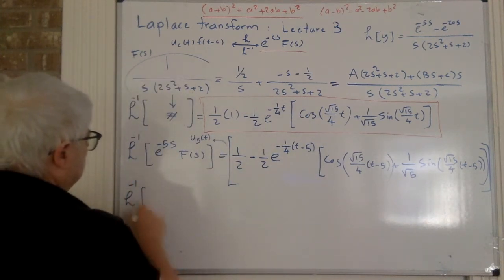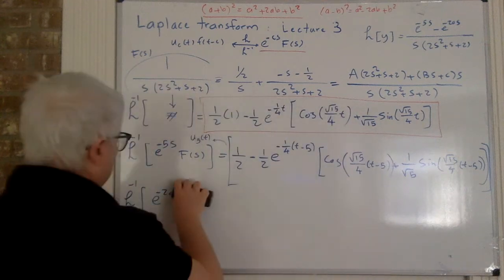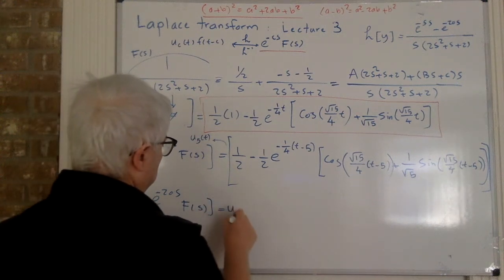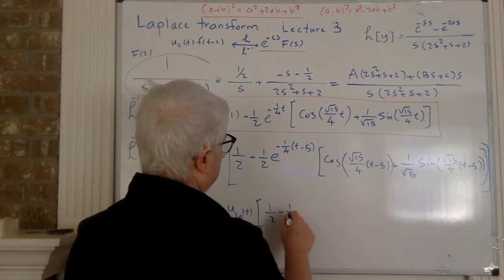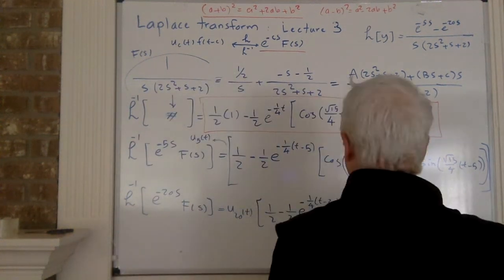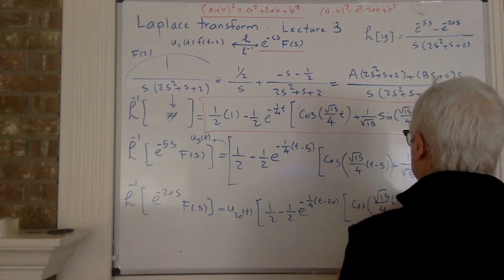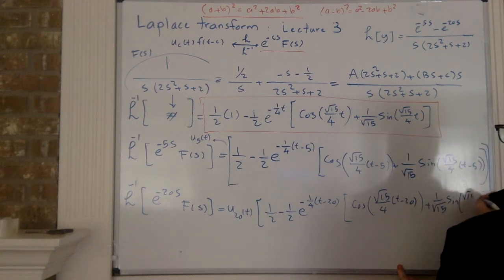And then L inverse of e to the power minus 20s times Fs will be u 20 of t times the same thing, 1/2 minus 1/2 e to the power minus 1/4 t minus 20, cosine of square root of 15 over 4 t minus 20, plus 1 over square root of 15 sine of square root of 15 over 4 t minus 20.